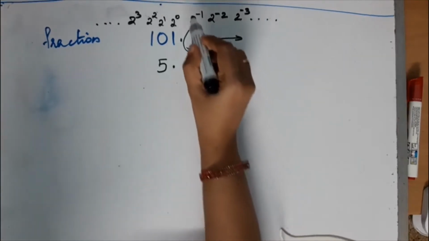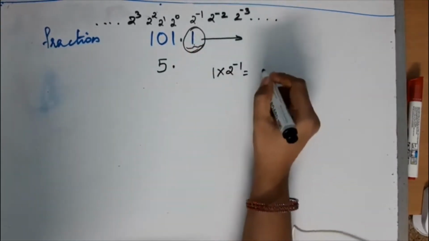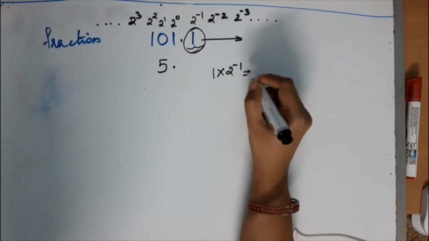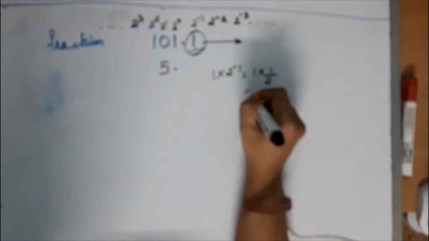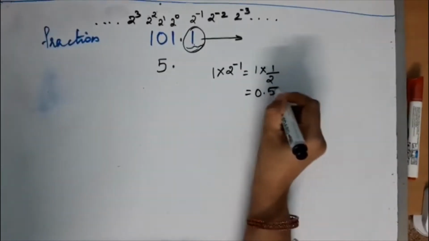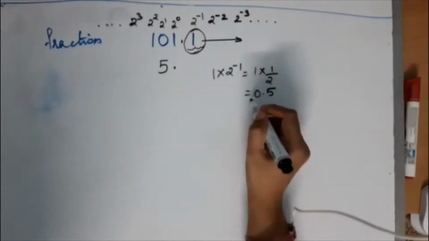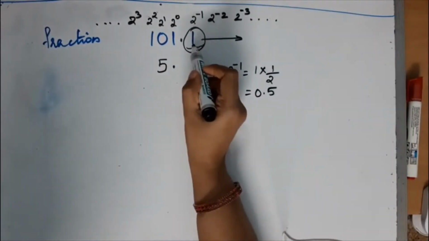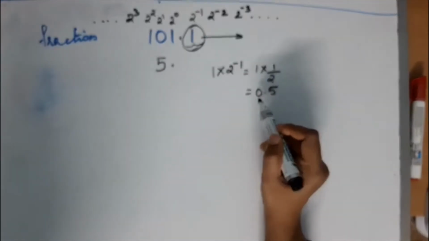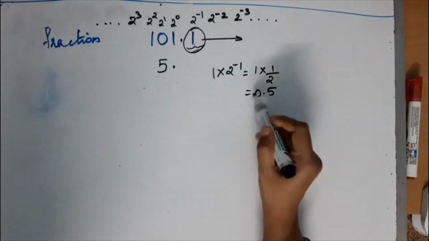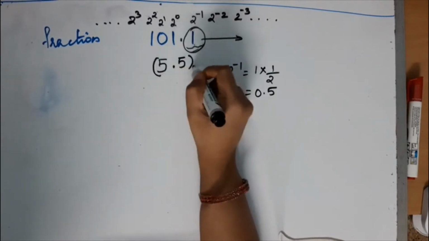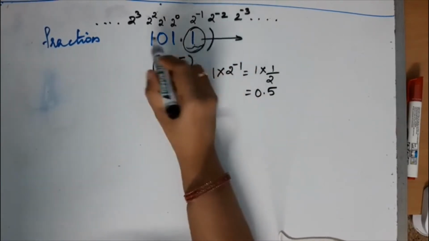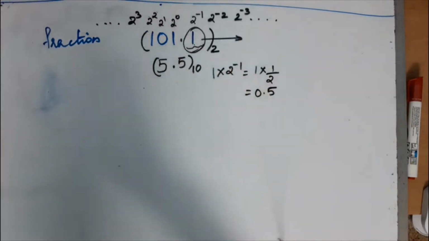We know that 2 raised to minus 1 is 1 by 2, and 1 by 2 is 0.5. So the value of 0.1 to the base 2 is 0.5 to the base 10. So this will be 5.5 to the base 10, where this is to the base 2.